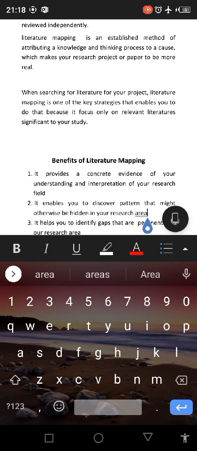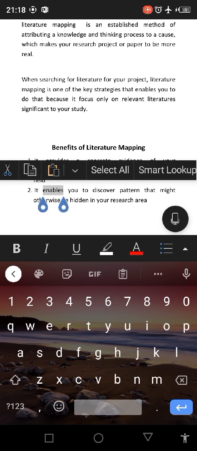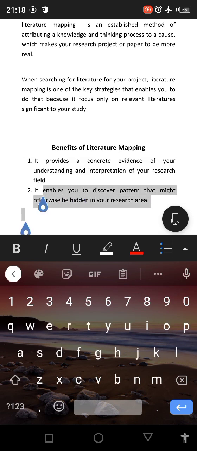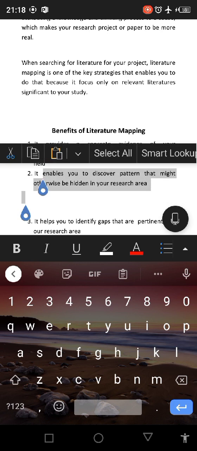Then number 2, it enables you to discover the patterns that are hidden in your research area.